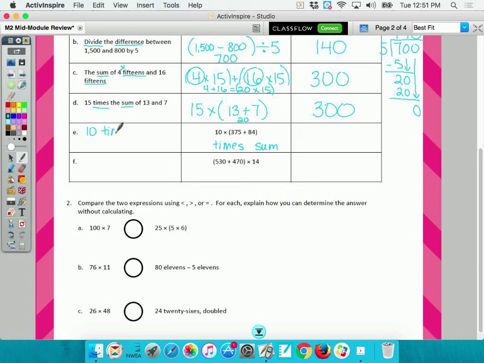Okay, Anna, I'm going to have you do the next one. 10 times the sum of 375 and 84. Now I'm already thinking ahead to the times 10. When I multiply times 10, what do I add to the end? 0.